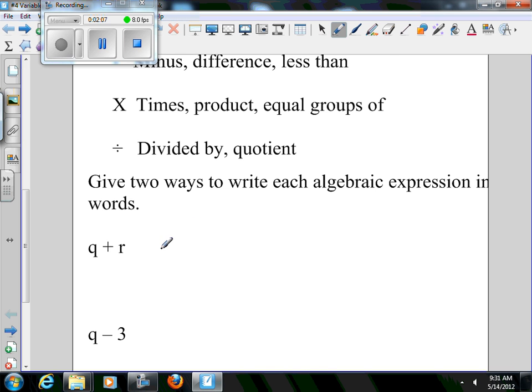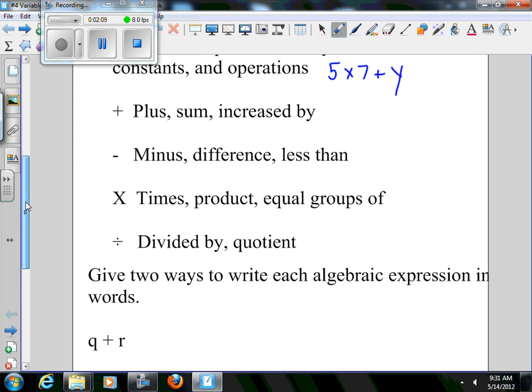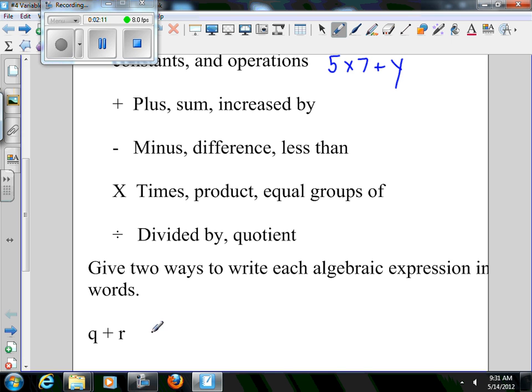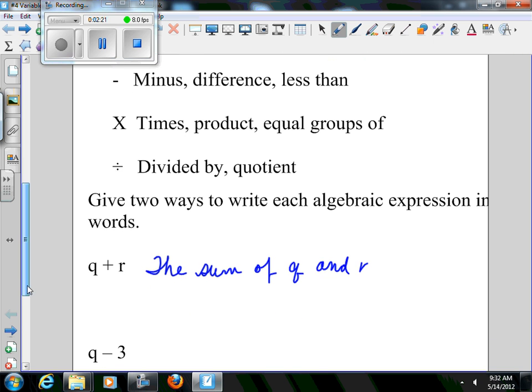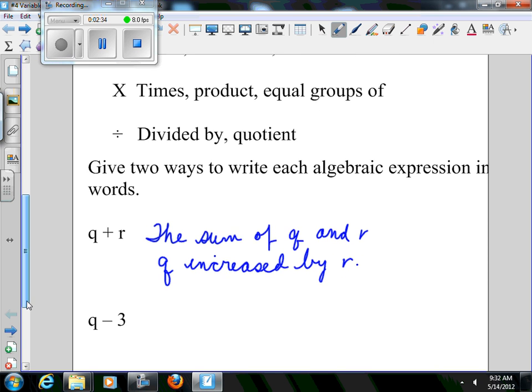So let's give two ways to write each algebraic expression in words. For instance, you could say, going back to our words here, the sum of Q and R. You could also say Q increased by R. Now here we have Q minus 3.